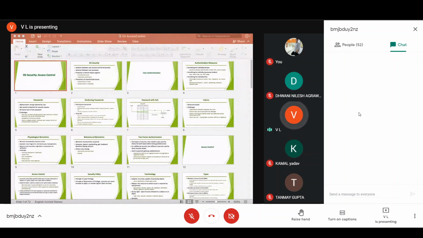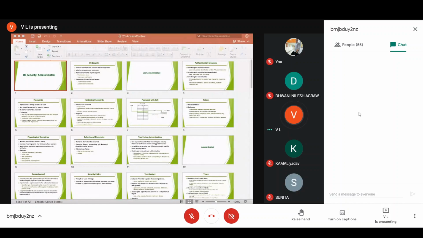And naturally, because it was part of the operating system, the malware writer would get access to kernel mode or supervisor mode, and that's why this becomes more dangerous to the user, because the user is not aware of the risk that might be there if there is a bug in the operating system.